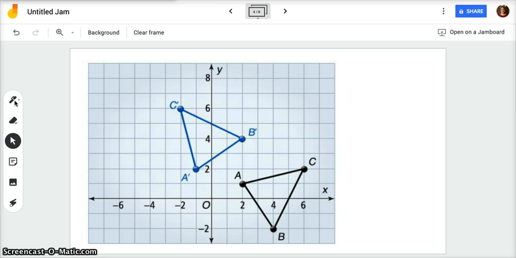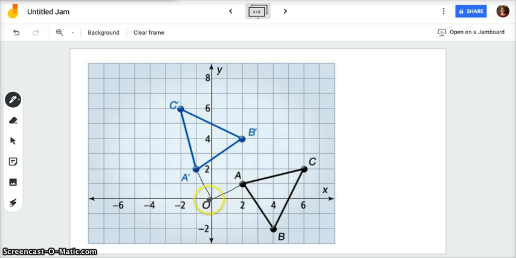So we first are looking at the original, the pre-image, which is the black triangle, and then the image, which is the blue triangle. And we need to draw lines. So it told us it was rotated about the origin. So we need to draw lines from the original point to the origin, and then from the origin to the new point right here.